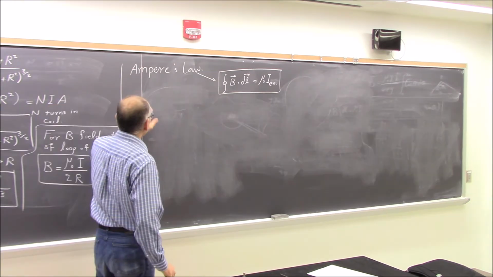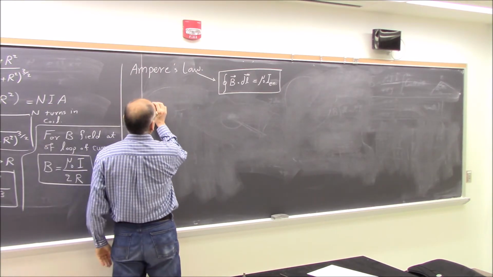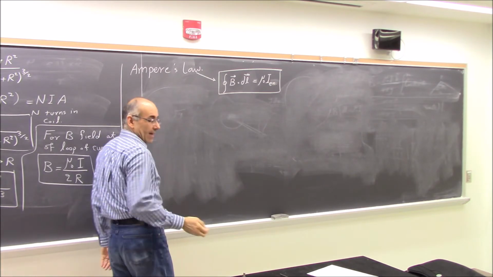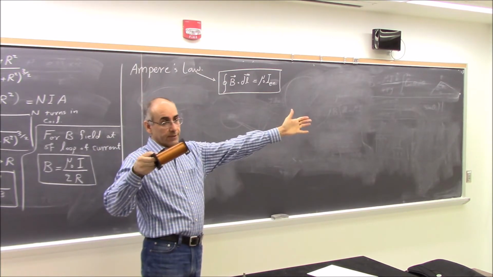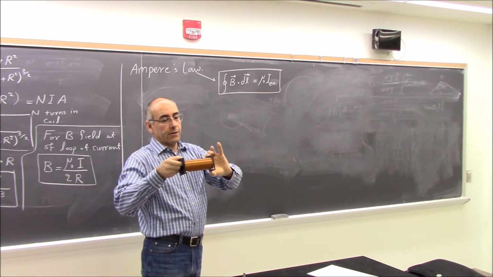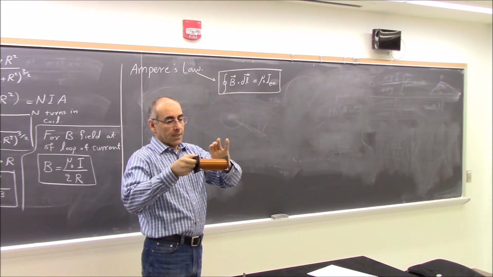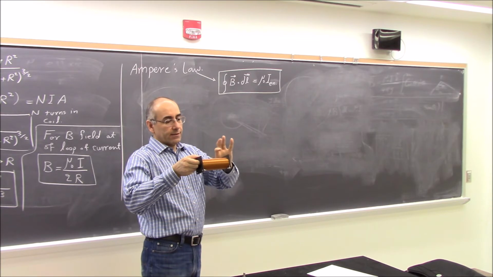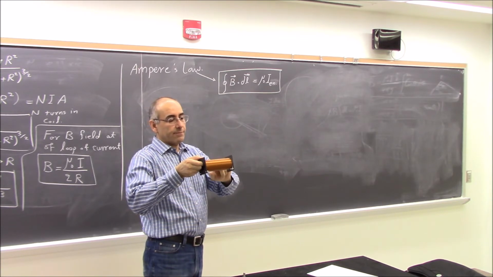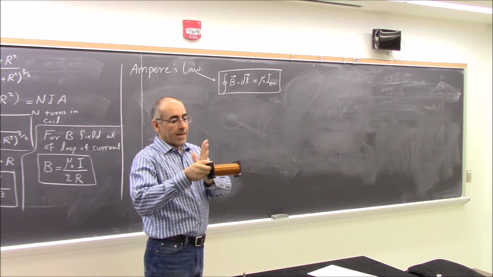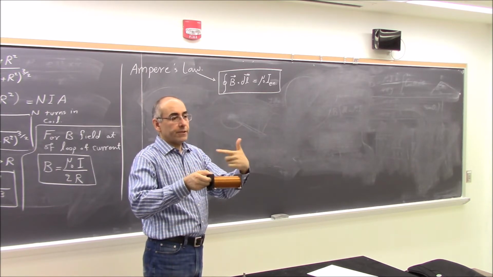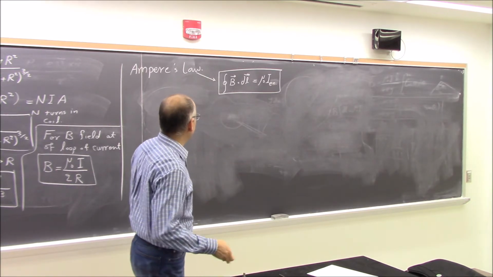All right, so let's say there is a solenoid like that, but it's long, infinitely long to be exact in our calculation. Outside the magnetic field is 0, inside the magnetic field is non-zero, and it has a certain number of turns per unit length of the solenoid.